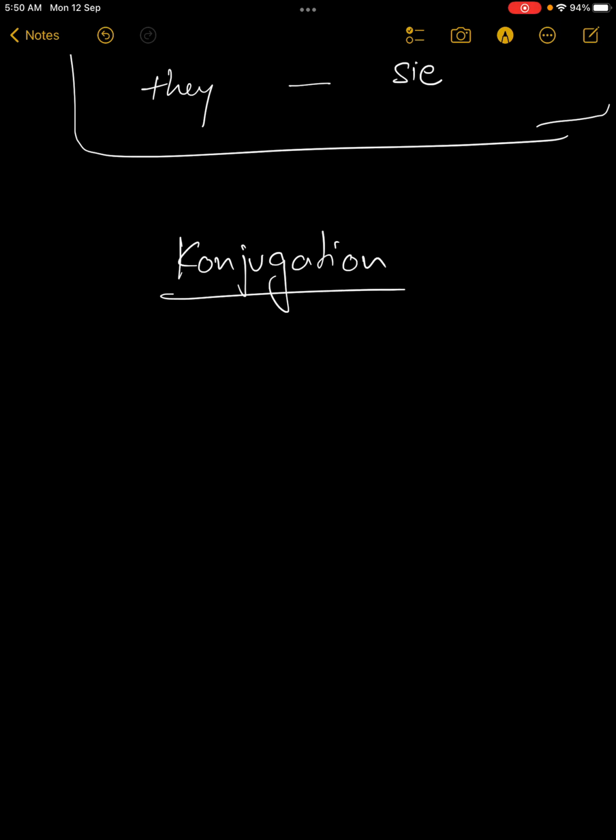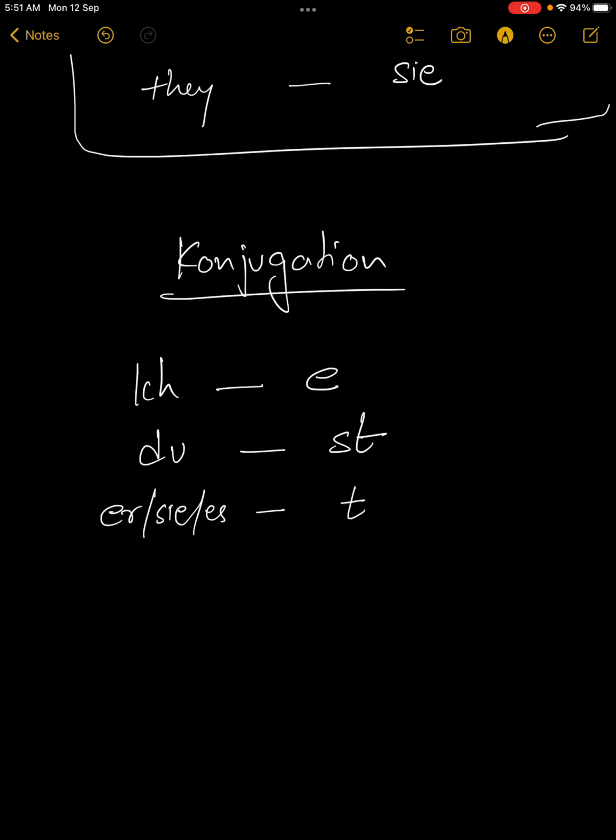Alright, so whenever you write ich and the corresponding verb form, make sure you put the ending e. That's what the ending takes. Like ing in English, here it would be e. For du, st. For er, sie, es, t. For wir, en. For ihr, t.